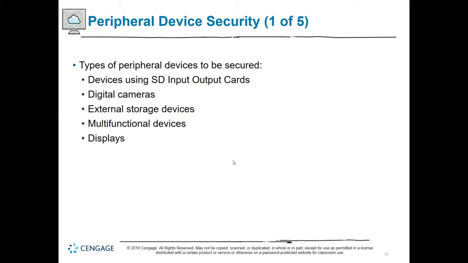We have to protect our peripheral devices. Anything that's going to be connected to our computers or to our network. Some devices that need to be secured: anything using the SD input or output cards, digital cameras, external storage.